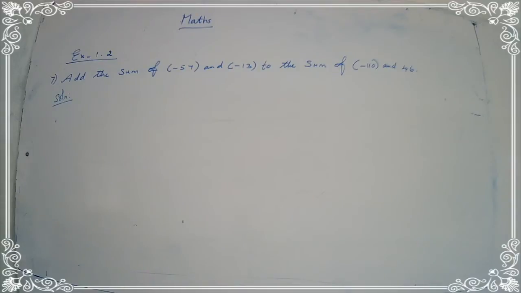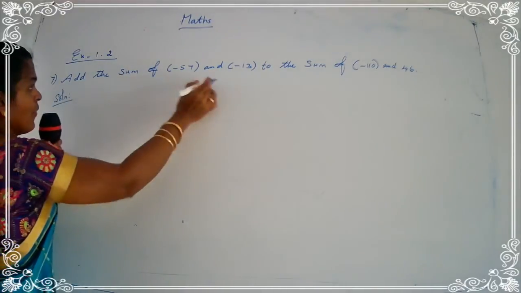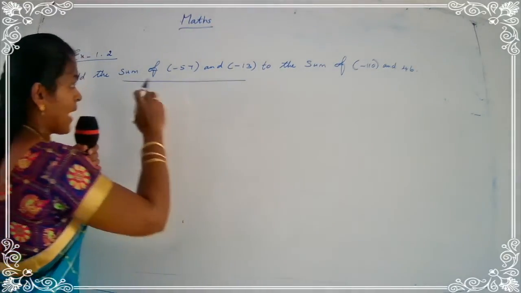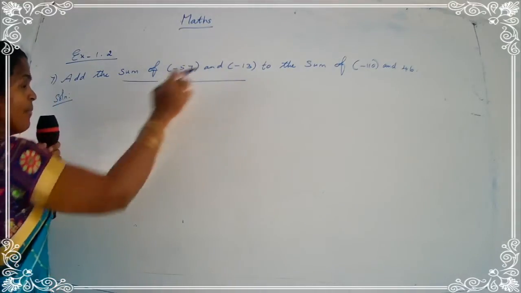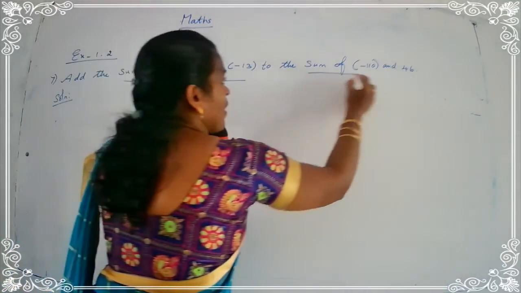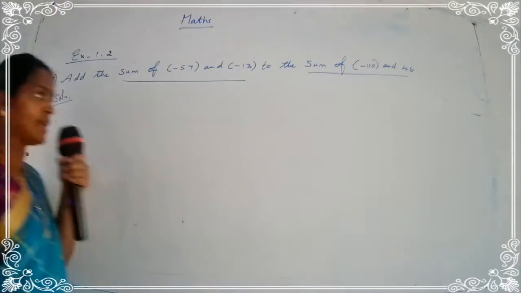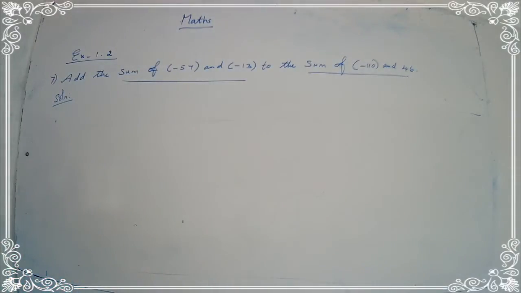Listen, children, again, you see the question: add the sum of minus 57 and minus 13 to the sum of minus 110 and 46. Here two cases are there.